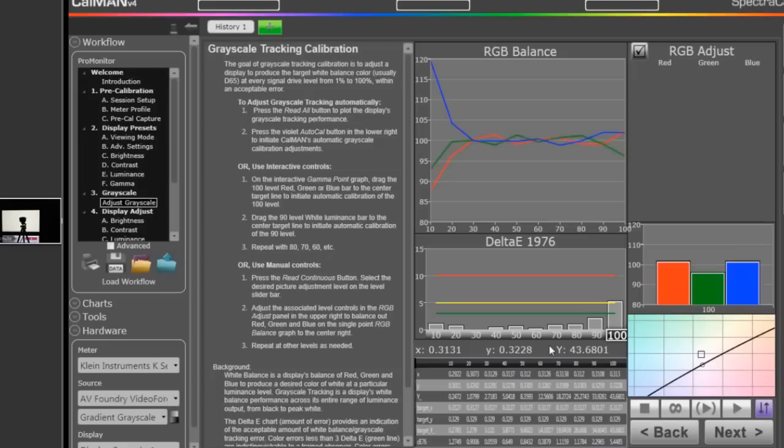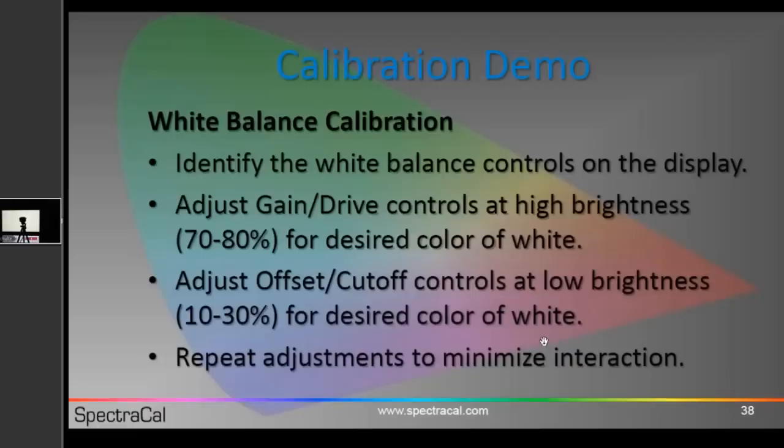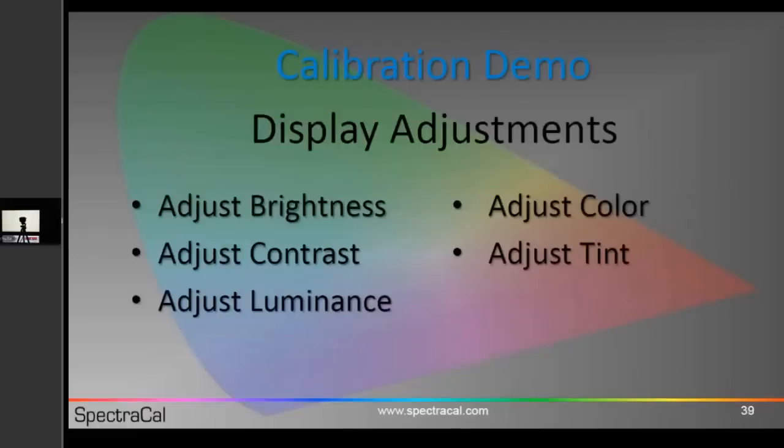So the next step then, let me step back to our presentation, is to readjust a number of the display adjustments that we had previously preset. These in particular, brightness, contrast, and luminance, are ones that may have been affected by the adjustments that we just made.